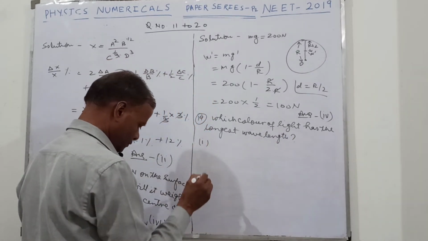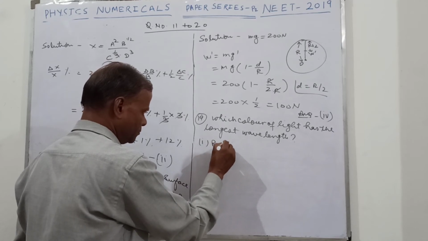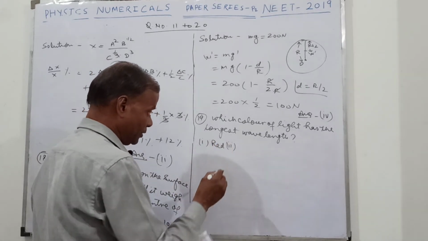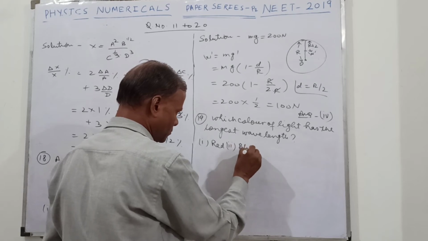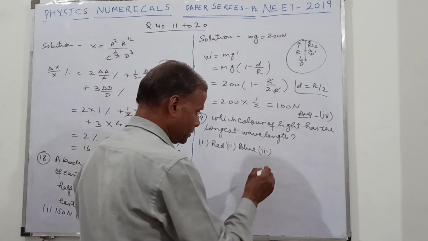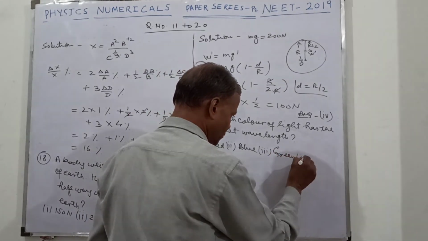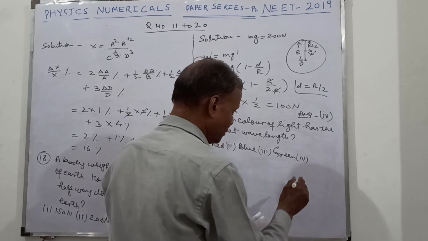Now the options are, first is red, second is blue, third is green, fourth is violet.